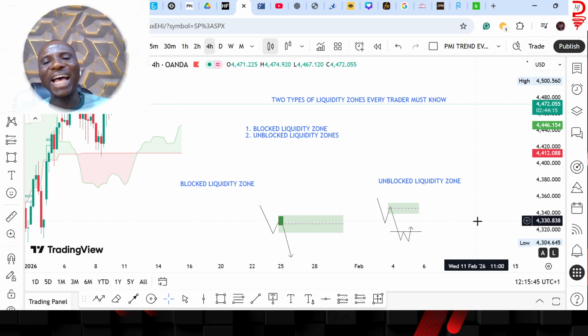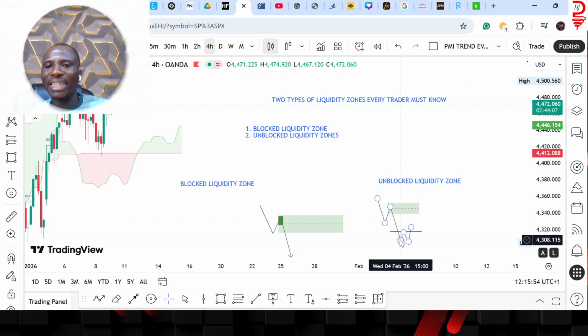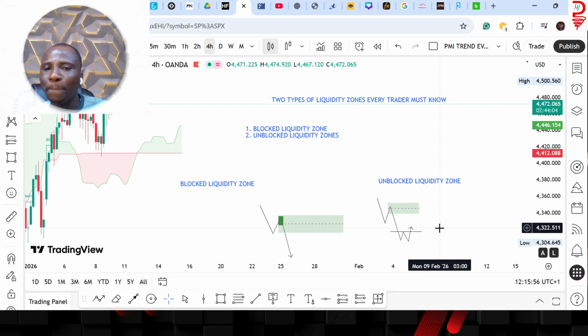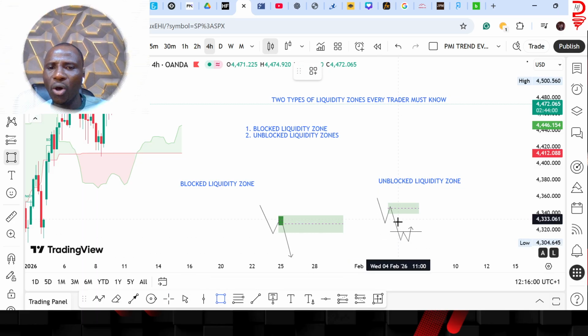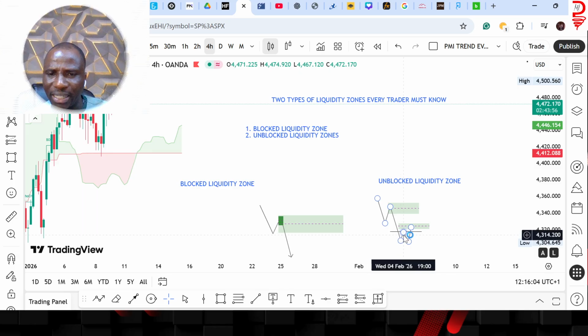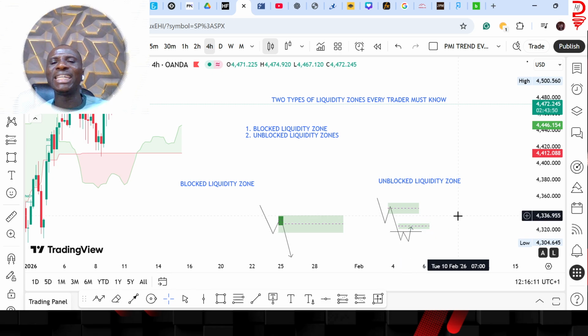Meanwhile, the big players really need alternative orders to take their move to where it's going. So they will fake them out a bit, then the market will now come back and pick a lot of liquidity that is resident here. Because at this position, a lot of people that will enter from this place will set their stop loss here. This is what we call the case of liquidity sweep or liquidity grab.